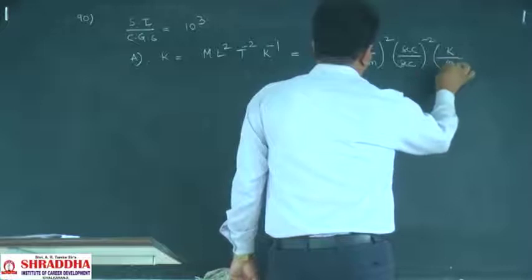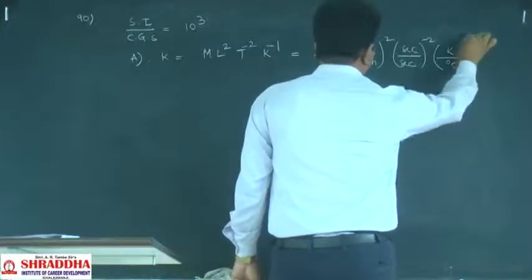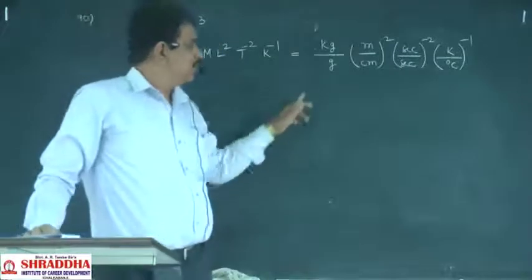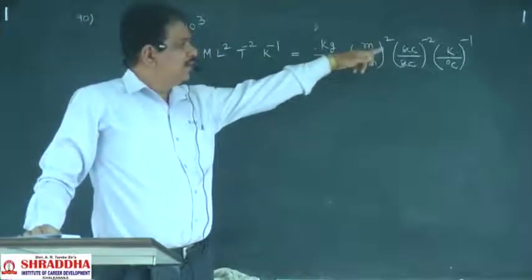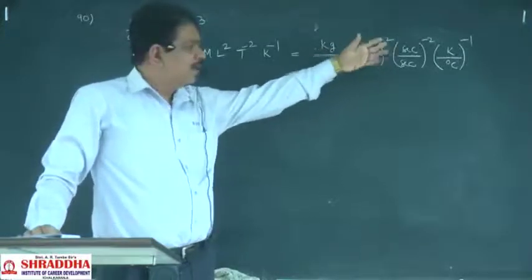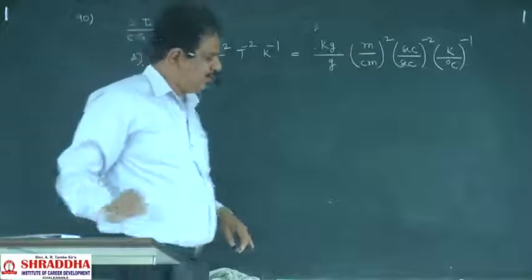This is Kelvin, this is degree centigrade minus 1. Clear? So, difference of temperature 1 degree centigrade is how much? 1 Kelvin is also the same.